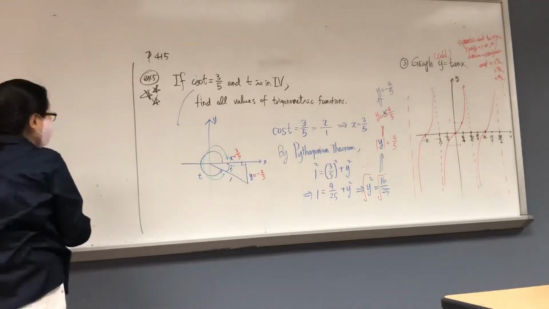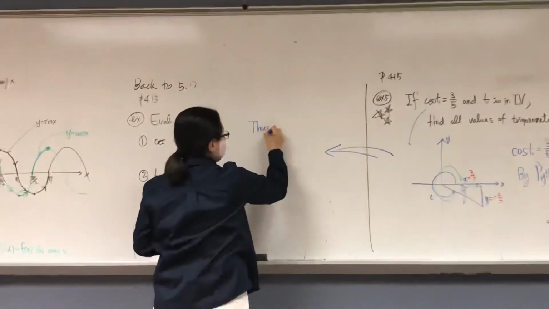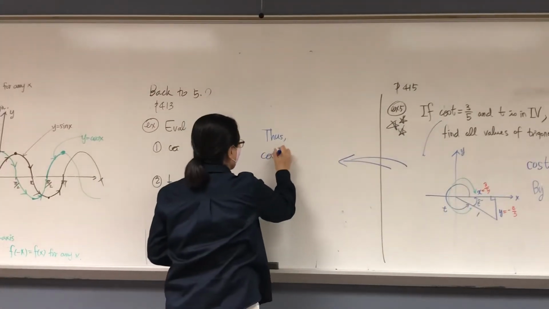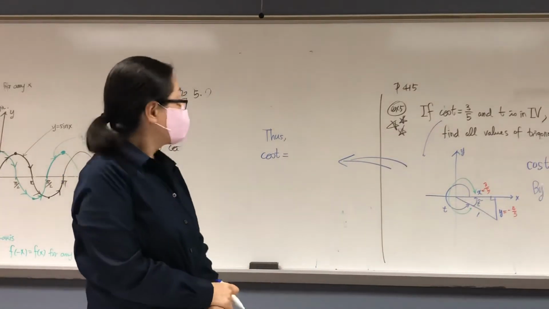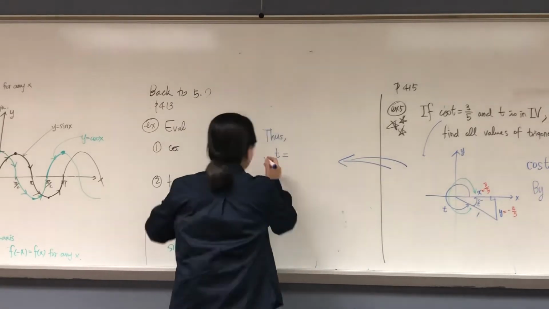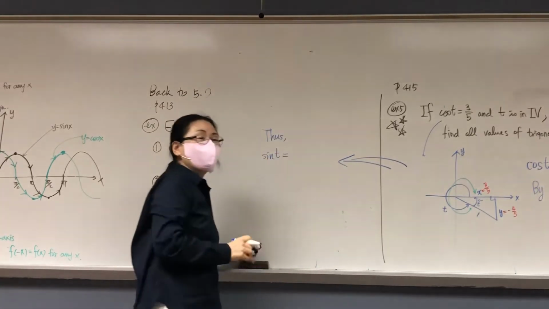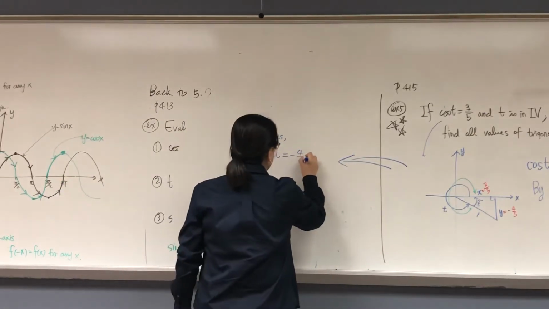Therefore, what is cosine t? 3 over 5. Oh, sorry, sine t. What is sine t? Negative 4 over 5.